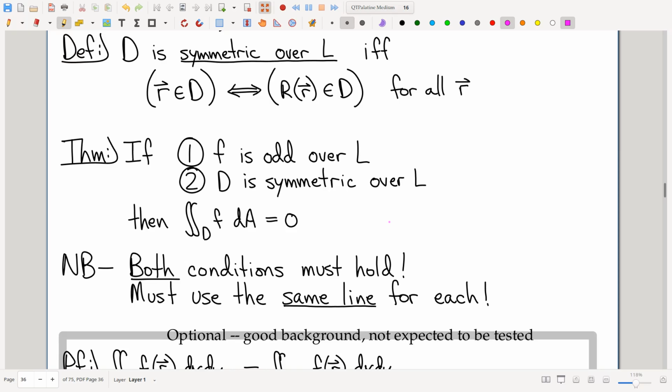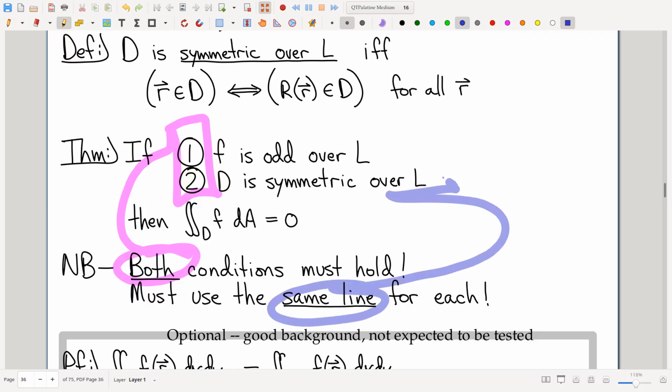Do be aware, this is a really important observation. You do have to have both conditions. Very often students will see a symmetric domain and get too excited and forget to check to see if the function's odd. We'll talk about that in a minute. Or vice versa. So you do have to have both conditions for this to work. And also, very important, it's got to be over the same line for both conditions.